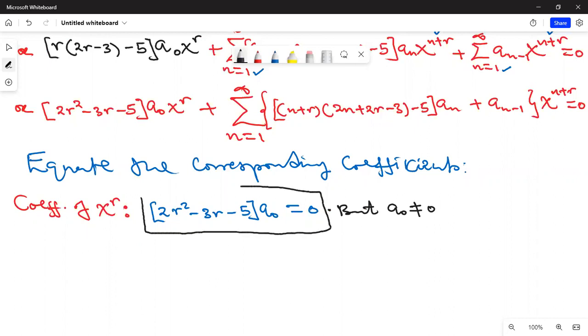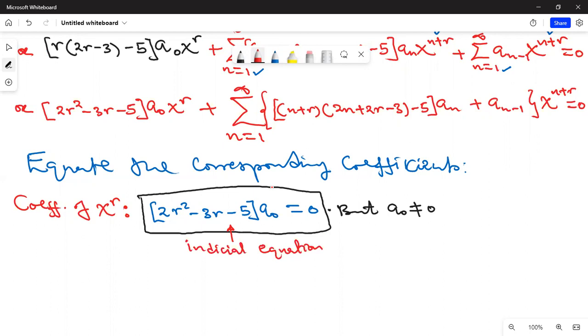This thing that we have formed, this equation, is called an indicial equation. It is the equation that corresponds to the lower power of x, the coefficient of the lower power of x. That's called an indicial equation.